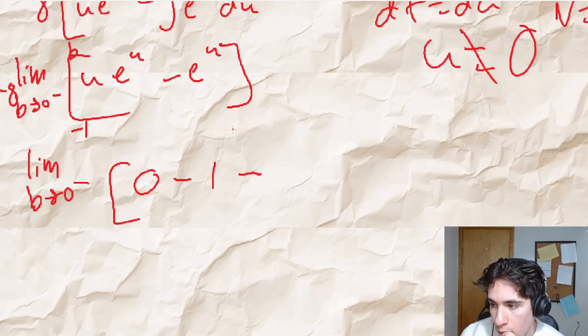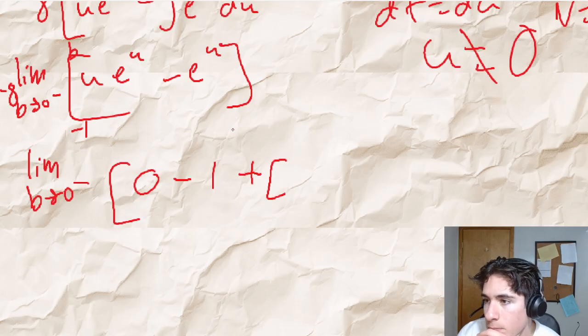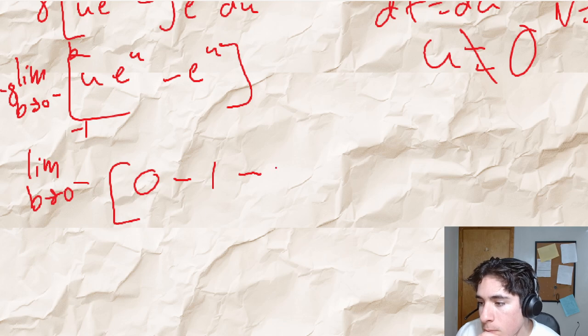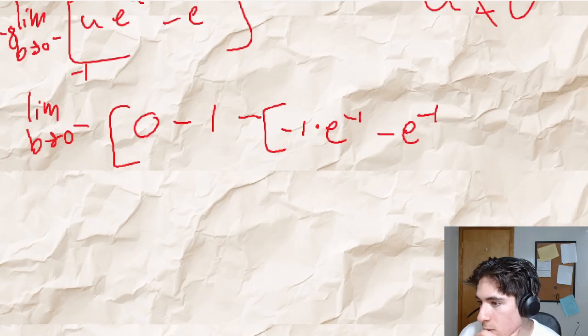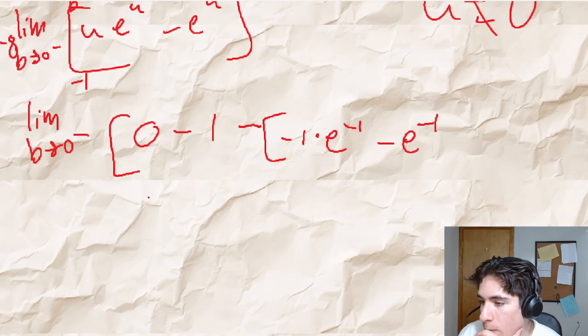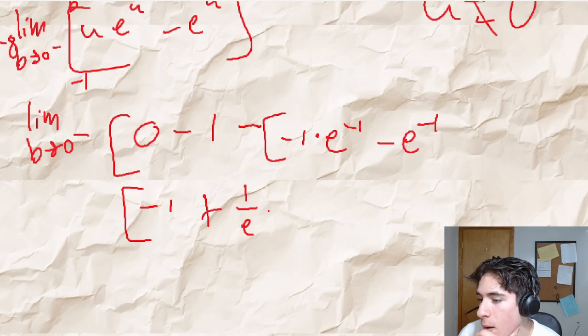Now, it's going to be on the other end, minus 1 times e to the power of -1 minus e to the power of -1. This is going to become -1 plus 1 over e plus 1 over e.